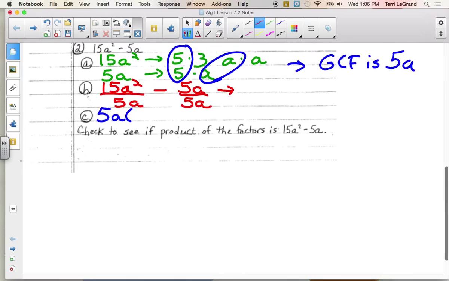And it's good to have notes that are clean, so that we can see what we did. So I'm going to do it again, and I'm going to show my division there. Okay, 5 goes into 15. How many times? 3. A goes into a squared. What's left?